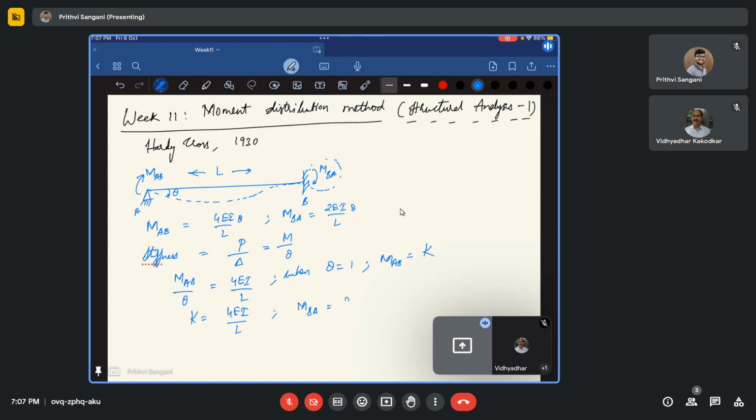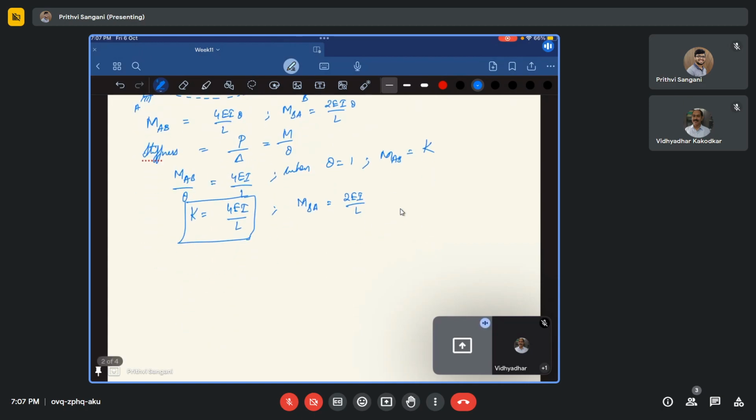This will induce a moment of 2EI by L. So from now onwards, let us call it stiffness K. K is nothing but the moment per unit displacement or unit rotation.